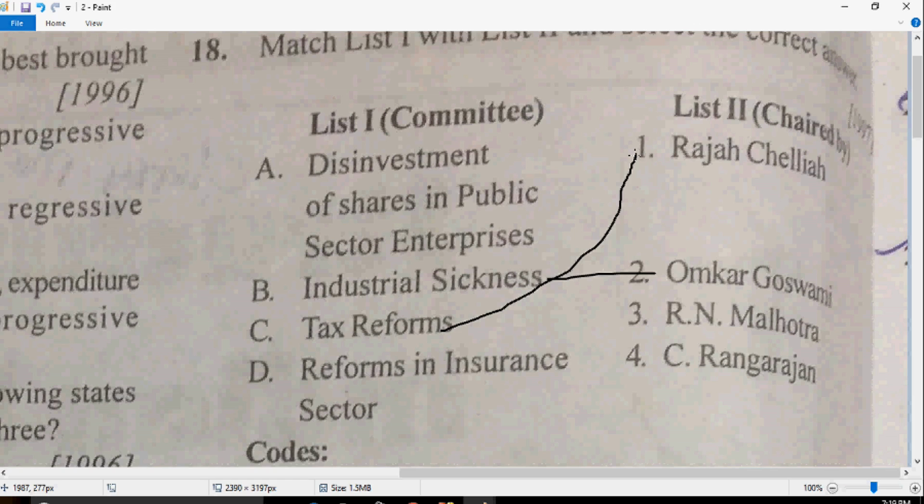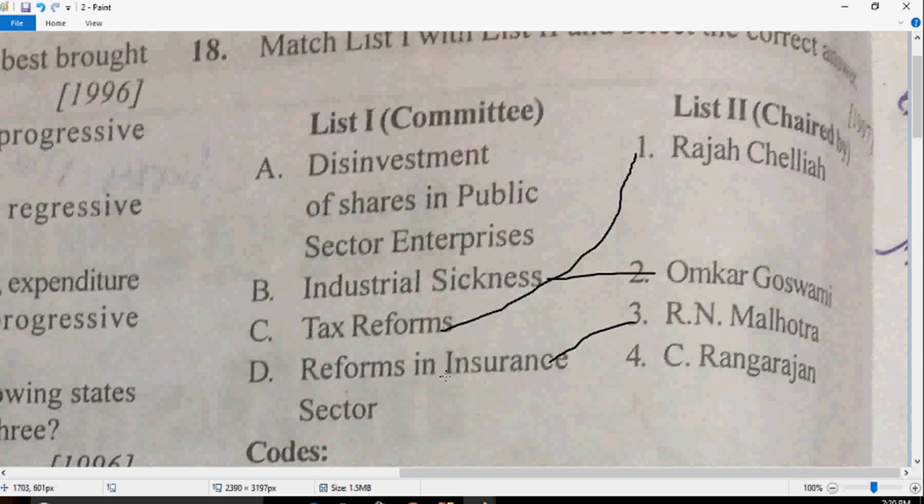Rangarajan Committee on disinvestment of shares in public sector, sorry, in PSUs, that is 1993. And the R.N. Malhotra Committee was on reforming the insurance sector in 1993. So R.N. Malhotra, that is insurance, of course, and that is going to be 1993.